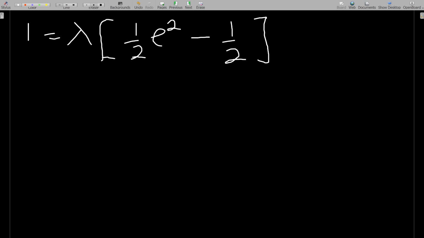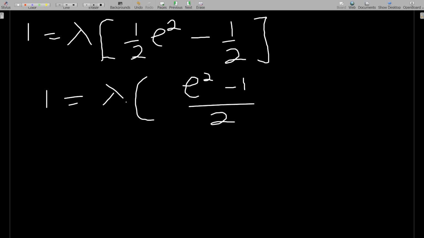So I have 1 is equal to lambda into the same denominator, half here, so I have e to the 2 minus 1 over 2.